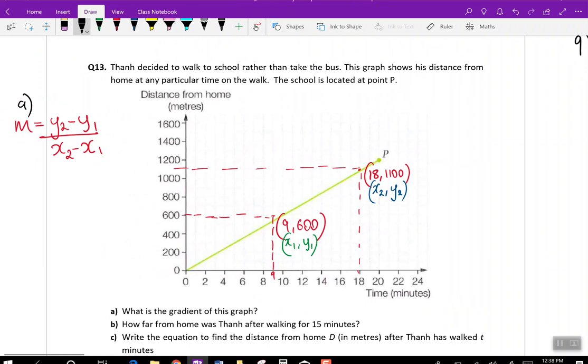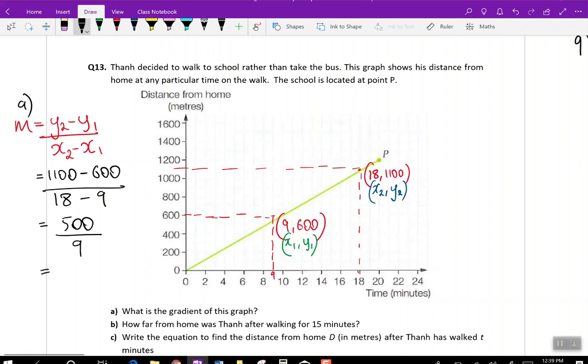Find x2, y2 is 1100 minus y1 which is 600, divided by x2, which is 18, minus x1, which is 9. So from there, 1100 minus 600 is what? 500, boys and girls. 500 divided by 18 minus 9, which is 9.